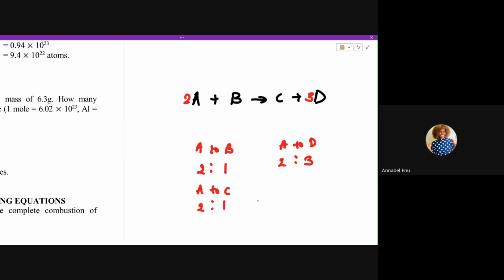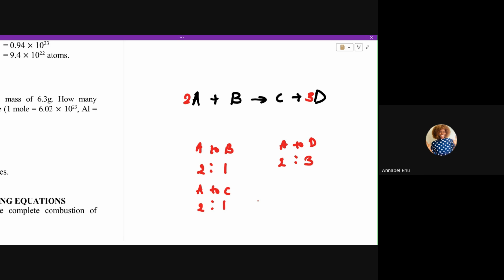So how do we know what the ratio number is? Just the coefficient. That is what will represent the mole of each of the substances. So we can relate any one, we can relate B to C, whichever substance participates in the reaction. So if we know the ratio, it means we know the basics. What does this ratio tell us?